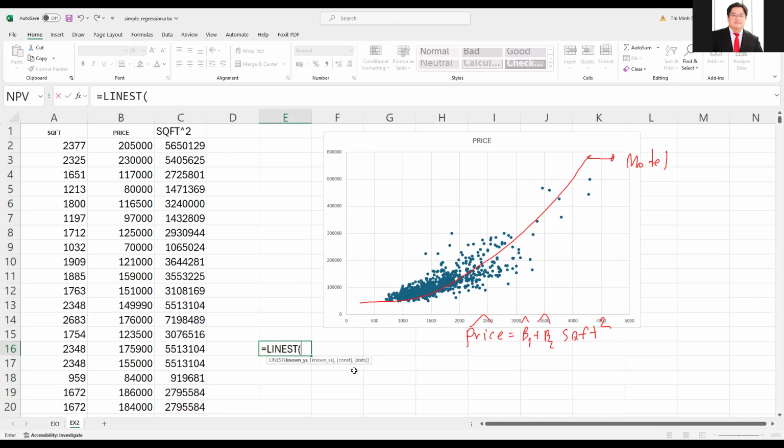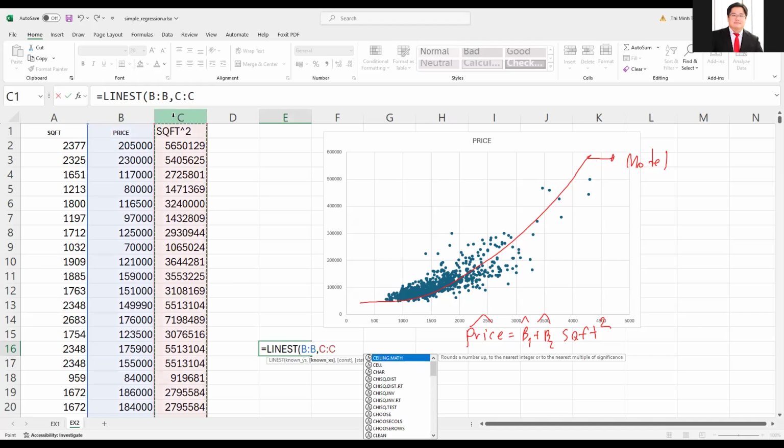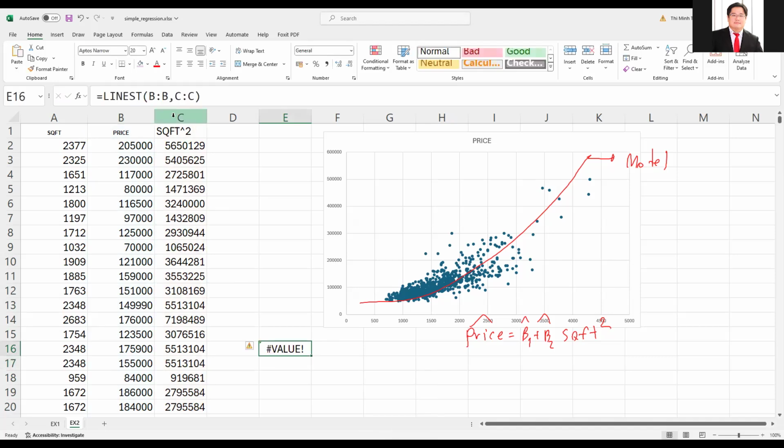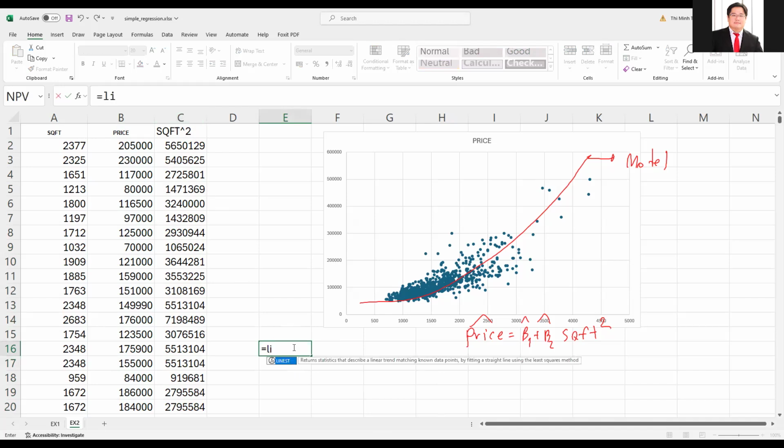This is called linear regression. LINEST, linear. I will try first. I'm not sure that we can click like this. No, we can. Okay, of course. Equal LINEST. Oh, this becomes more complicated, but okay, follow me.